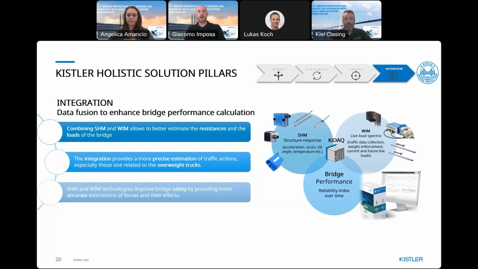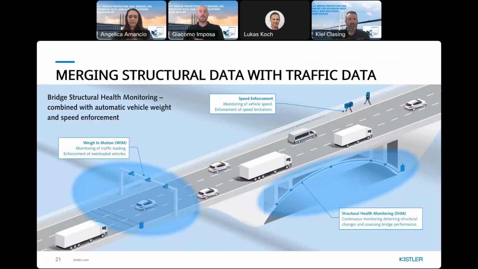Because we are able to provide two different technologies, and we are also defining a new methodology to provide a bridge performance overview between the structural response given by SHM, the integration of different sensors, and weigh-in-motion. Weigh-in-motion is important because we are able to collect data from traffic and extrapolate information about the really important action. As I will explain in the next slides, this is the typical current layout that we can deploy on a bridge.